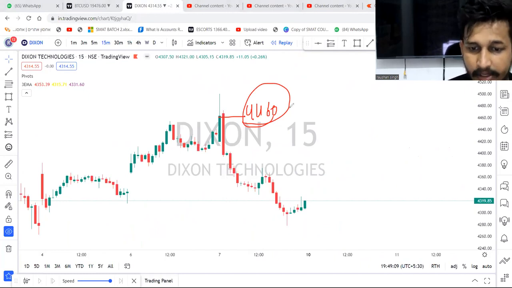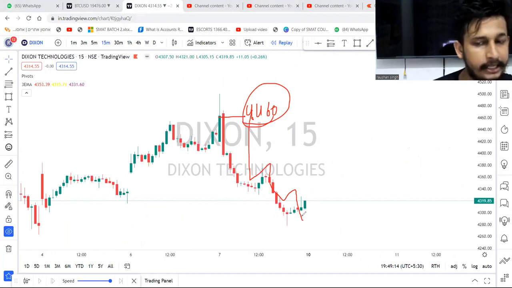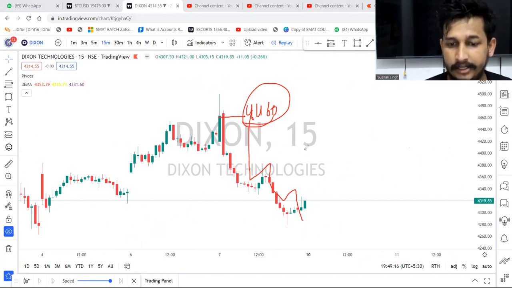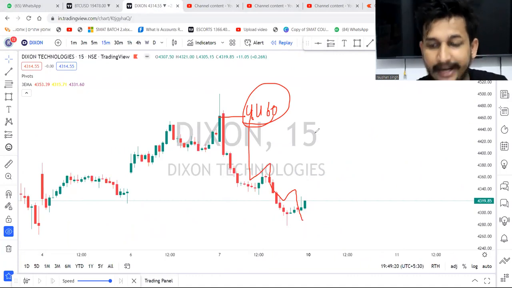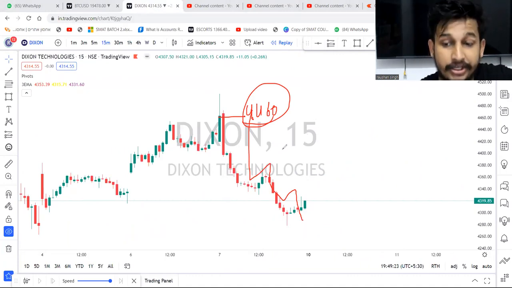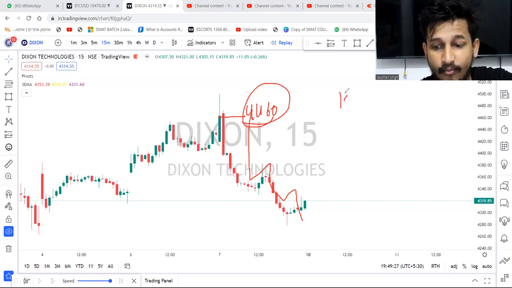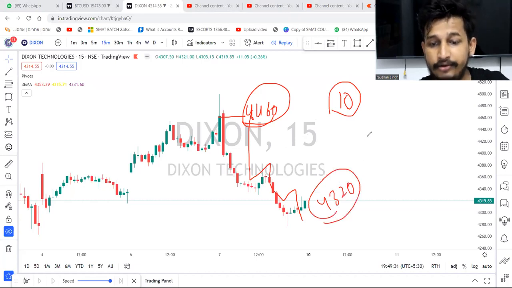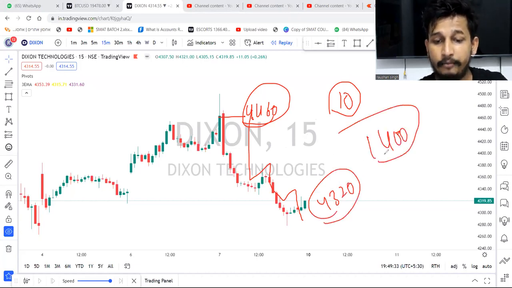There will be many people who will keep on holding it till the end. What's the point? You will be losing a huge amount of money, right? Even if you're getting just one quantity, at the end it is 4320. So somewhere you will be losing 1400 rupees.